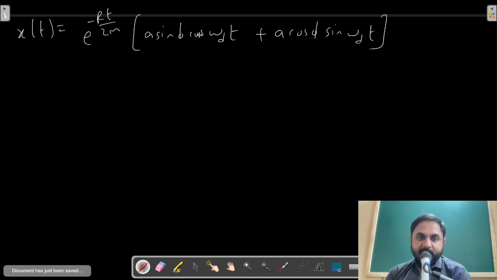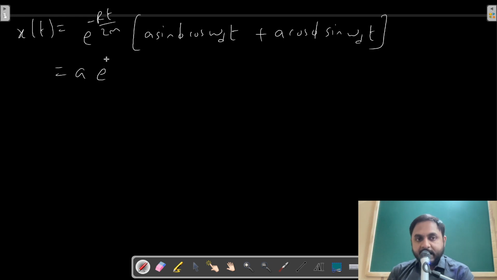You might remember that sine a cos b plus cos a sine b is equal to sine of a plus b, so A is common and I take it outside: A into e raised to minus rt by 2m, and what remains inside is sine of omega dt plus phi.